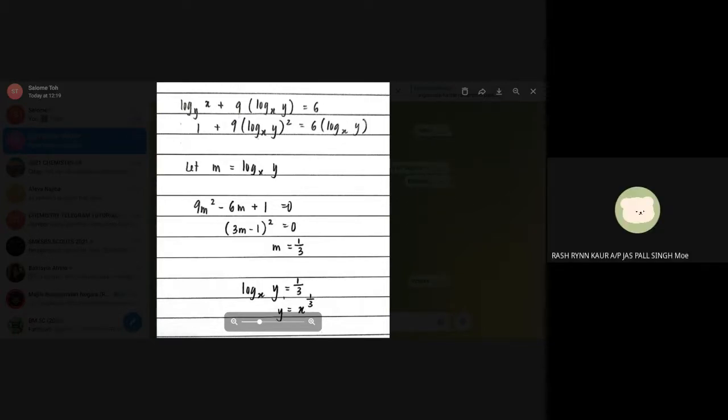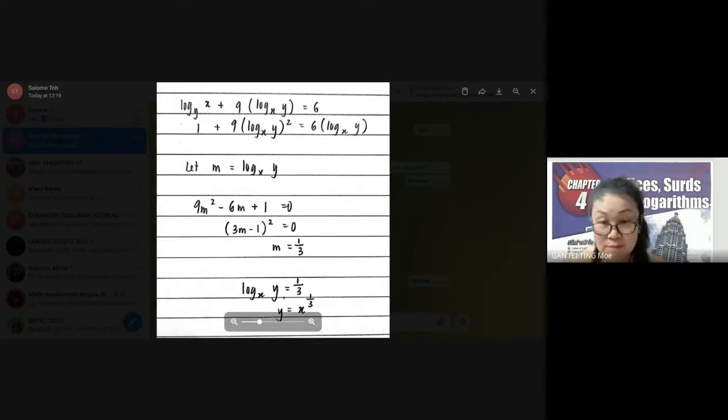Indices. Okay, from the log form to the index form. So the base is x, the power is 1 over 3, and the value is y. That's why you can change the log form to the index form. It's vice versa.